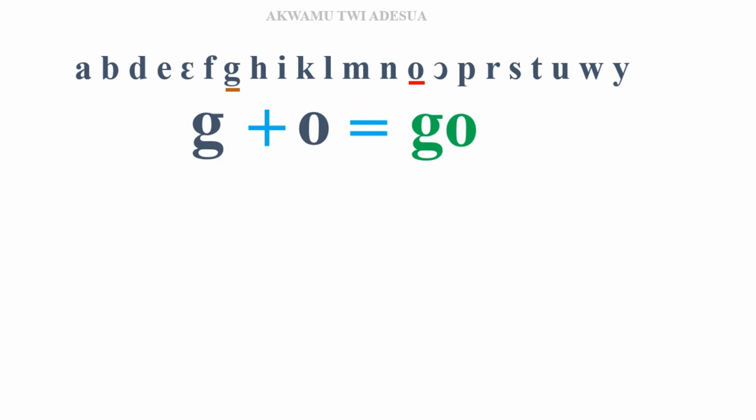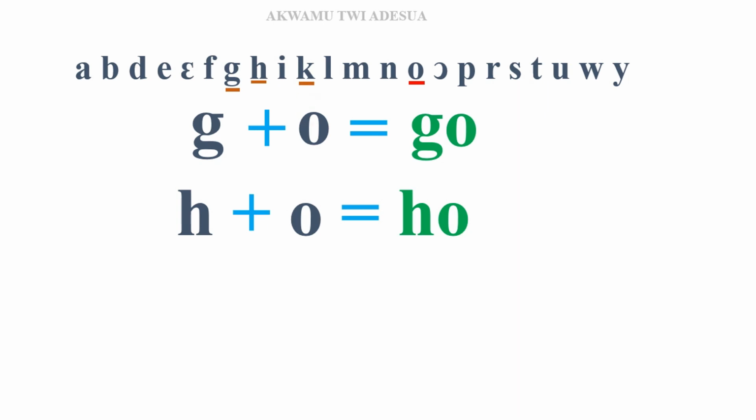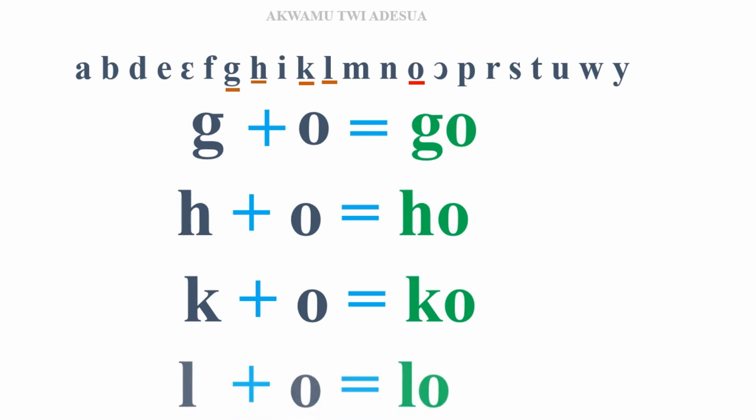H plus O, which is the H, and the O will give us H. K plus O, which is the K, and the O will give us Ko.